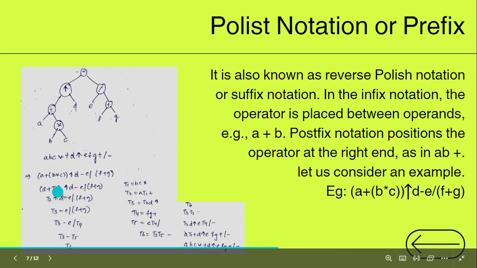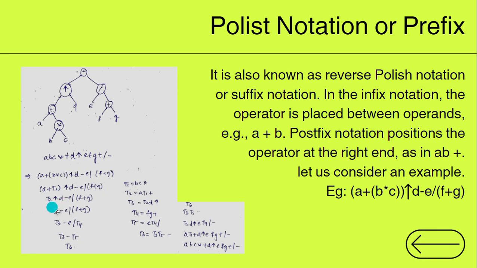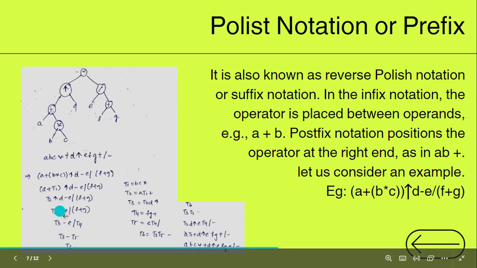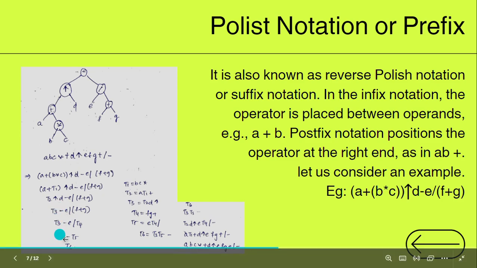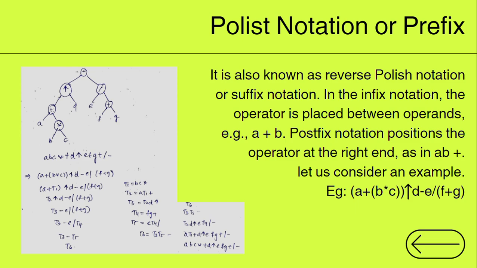B into C as T1, A plus T1 as T2, T2 cap D as T3, F plus G as T4, E by T4 as T5, and T3 minus T5 as T6. Sorry if it's not visible. So T3 minus T5 is stored in T6. So let us take the elements T1, T2, T3, T4, T5 and T6.